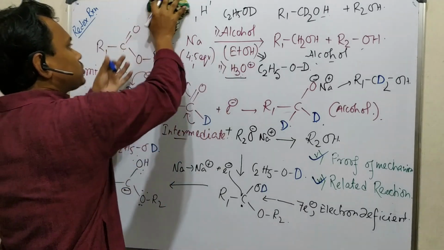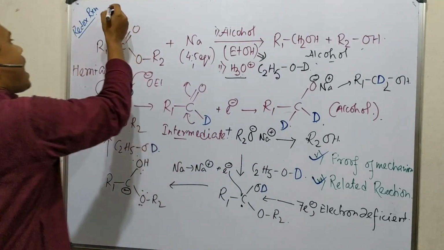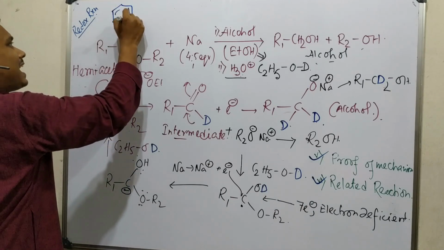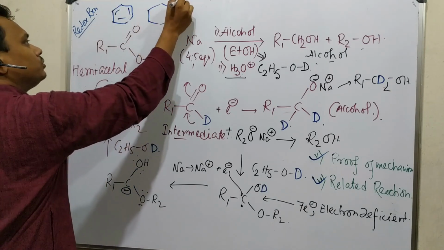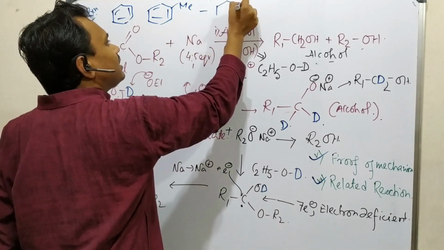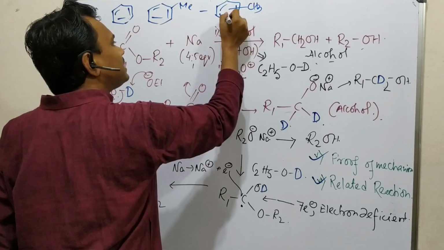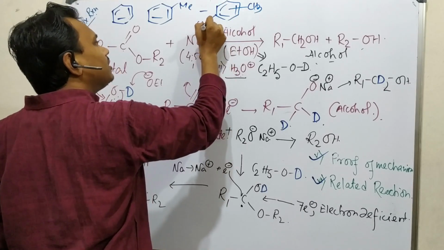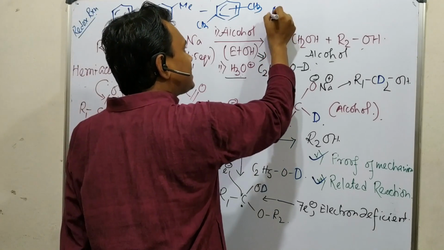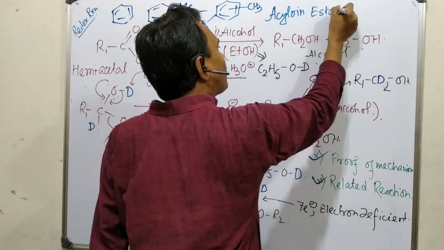Instead of a polar protic solvent, if you use an aprotic non-polar solvent like benzene, toluene or xylene, with different isomers such as ortho-xylene and para-xylene, it produces acyloin, and that reaction is called the acyloin ester condensation.